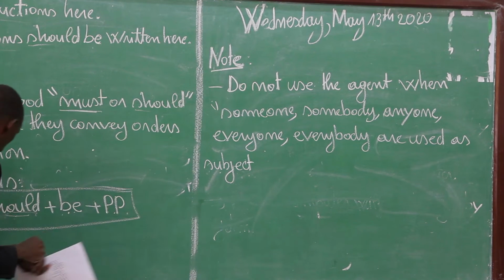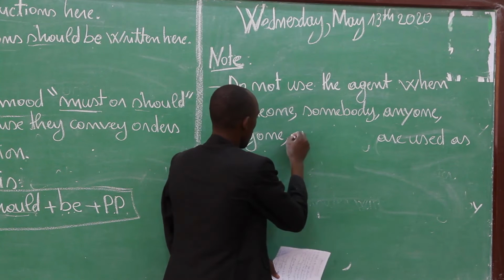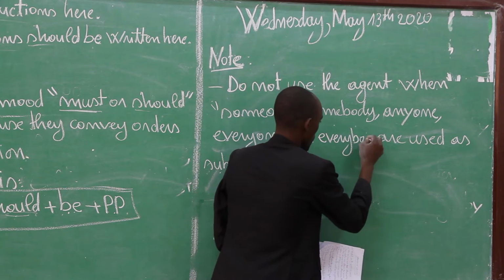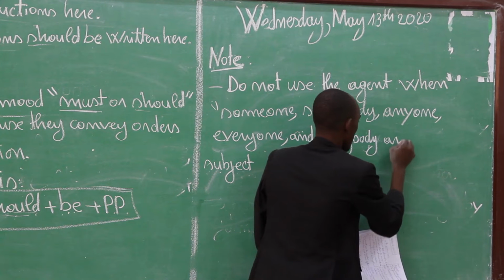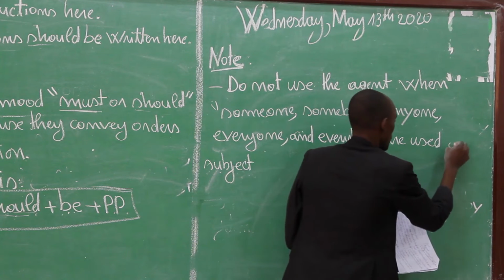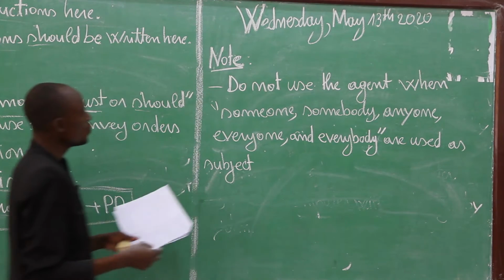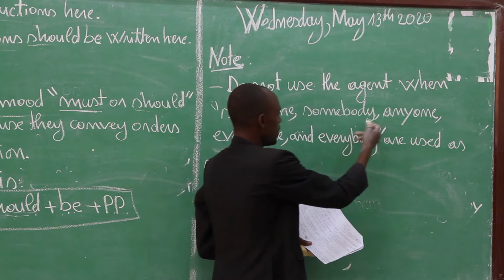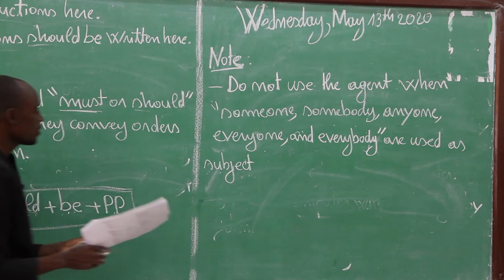Okay, here we can write: do not use the agent when someone, somebody, anyone, everyone, and everybody are used as a subject.